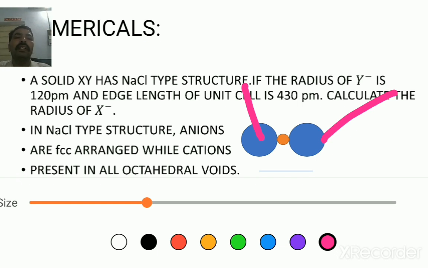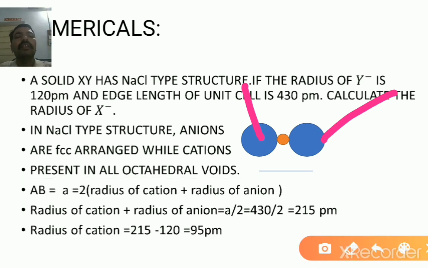In the FCC arrangement, as already seen, constituent particles are present at the corners and the centers of the faces. These constituent particles make the structural arrangement, FCC arrangement. Anions are in FCC arrangement, while cations are present in all the octahedral voids. This is the cation, present at the octahedral void. This is A.